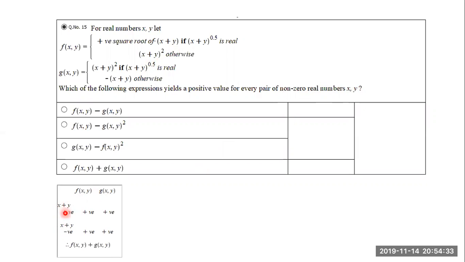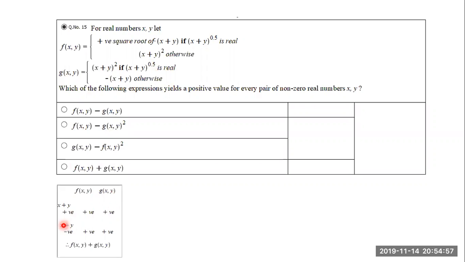When x plus y is positive, what is f of x, y? It is real, therefore this is positive. And what is g of x, y? This is also positive. Because x plus y is positive, (x plus y) to the power of 0.5 is real. Therefore (x plus y) whole squared, which is positive. Therefore these two are positive.